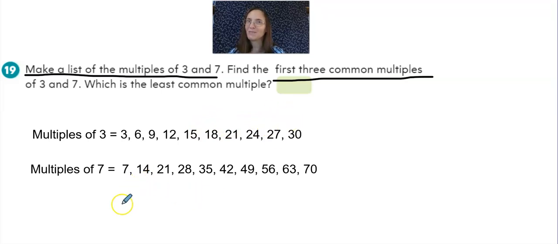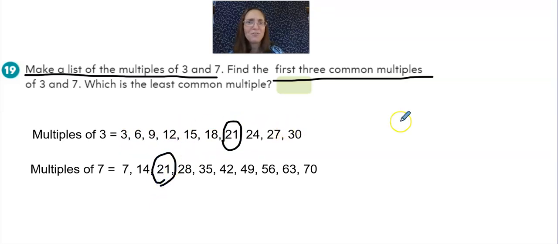The multiples of 7, I will tell you, were a little bit more challenging for me, but I found them: 7, 14, 21, 28, 35, 42, 49, 56, 63, and 70. But what are the first three common multiples? And I noticed that the least common multiple for both of them is 21.